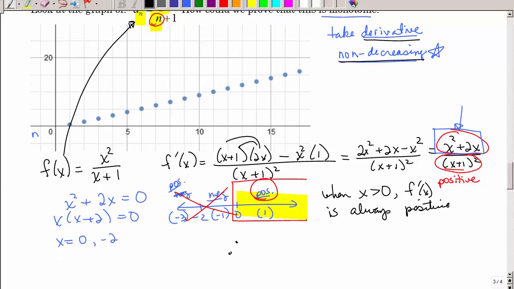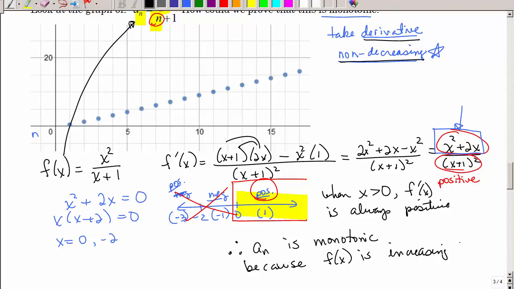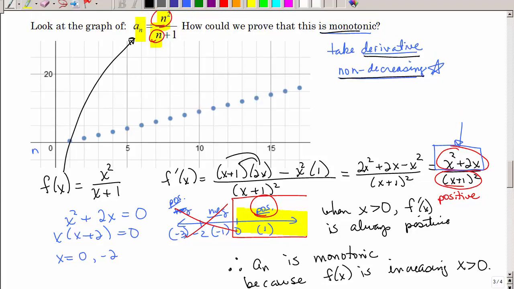So therefore, we can say our sequence is monotonic because our associated function is increasing when x is greater than 0. That's how we can prove something is monotonic, by taking the derivative, but you have to start out with a function in terms of x.